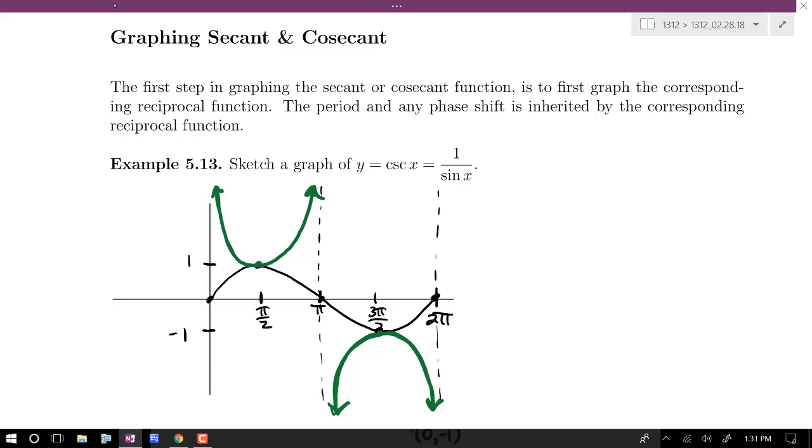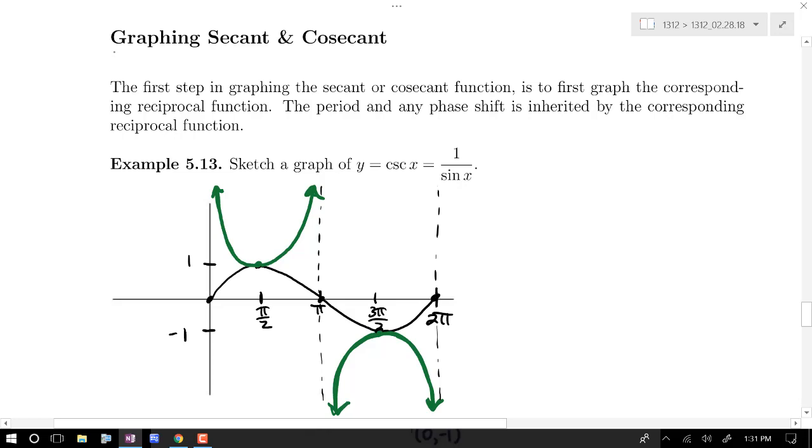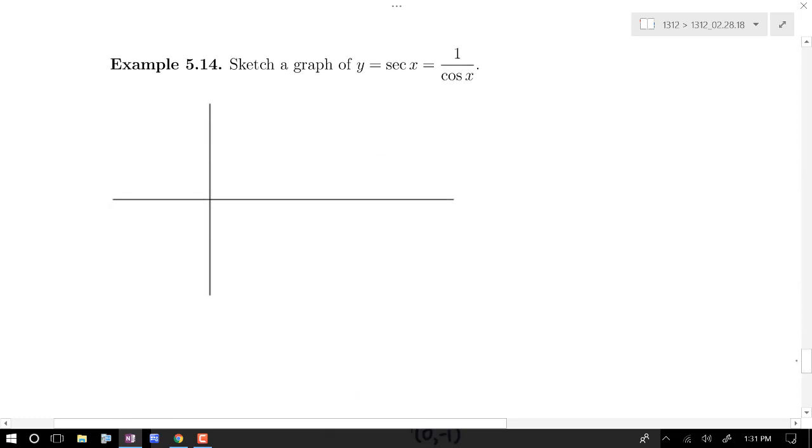I do the same thing if I'm graphing secant. I just graph the cosine function. I know the curves have to just barely touch at those peaks and valleys, and then they diverge to their asymptotes. So let's do that for secant. Secant is 1 over cosine. Cosine, we know, has a period of 2 pi. So I'm going to cut this up into quarters.